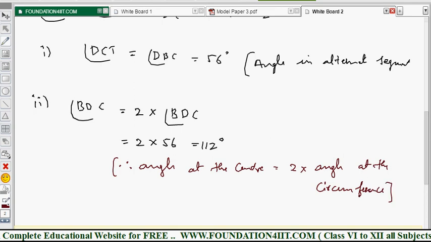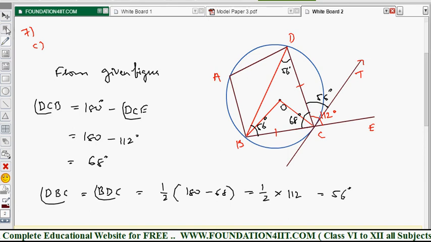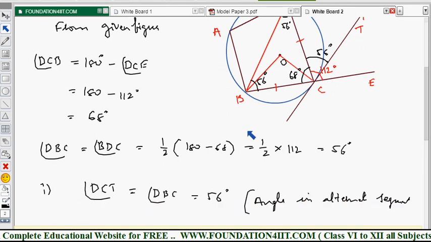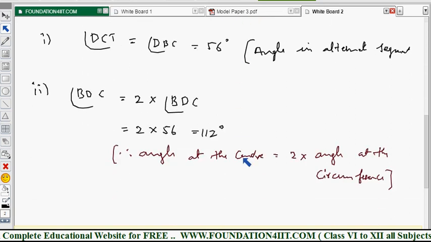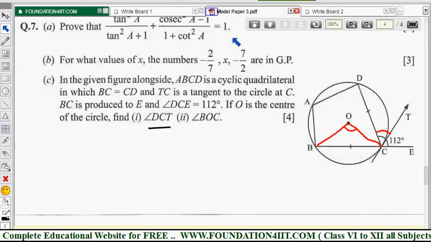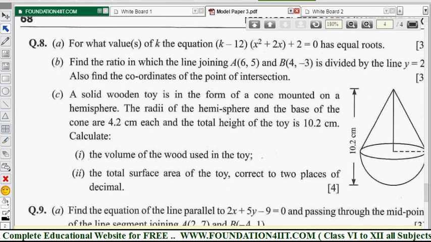The same arc only we should take. Then it's clear: the angle at the center should be double the angle subtended at the remaining circumference. So DCT is 56 degrees and angle BOC is 112 degrees. So we can solve this problem in this way. Simple question. Now let us see question number 8 and we will solve these problems now.